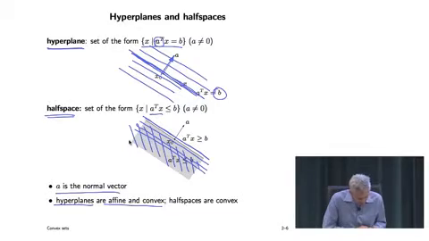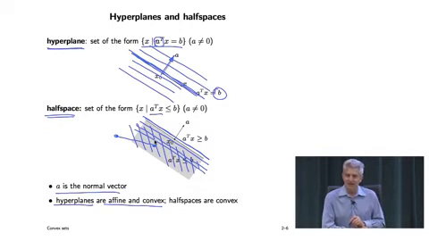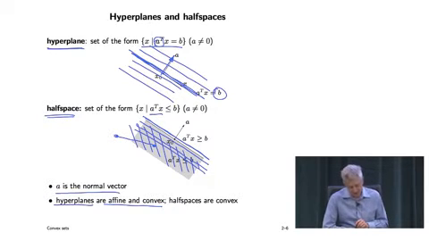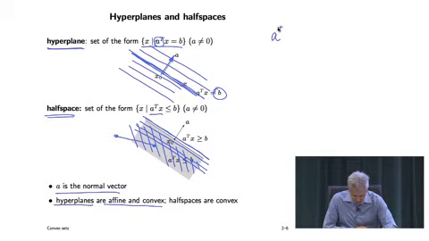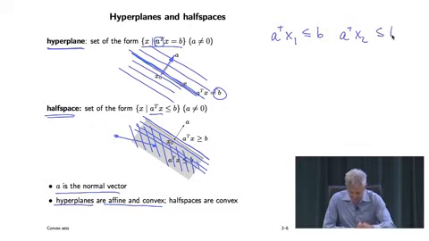So let's take a look at, for example, a half space. The question we have to ask is this. If I take 2 points in a half space, is the segment between them in it? We'll just say, well, geometrically, it's obvious. And if you like, we could do this algebraically. To show this algebraically, we would say, suppose that a transpose x1 is less than or equal to b, and a transpose x2 is less than or equal to b.